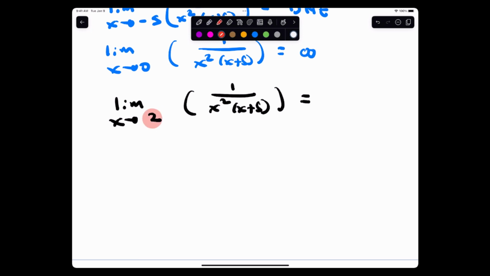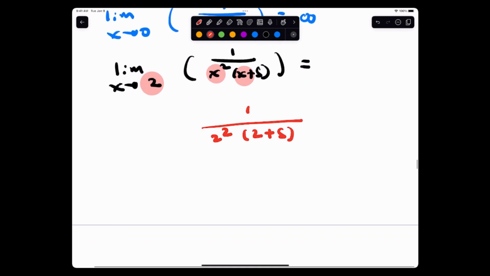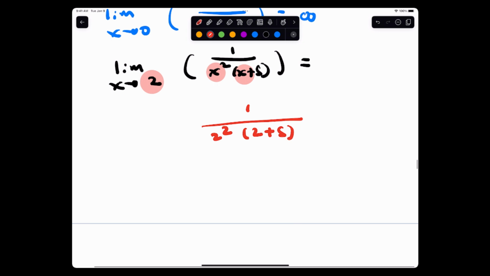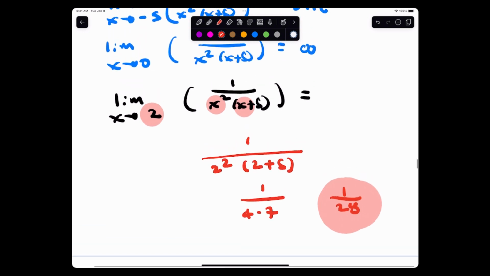Just plug it in. Because it's continuous at that location. 1 over 2 squared times 2 plus 5. Is that right? Didn't you just plug in the 2? So that's 1 over 4 times 7. You guys know that's 1 over what? 28. You got the value of the function here. Easy peasy lemon what? Squeezy.